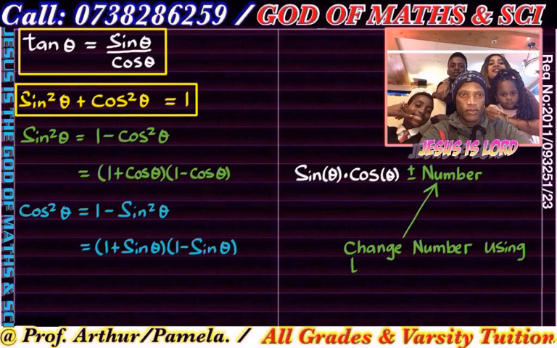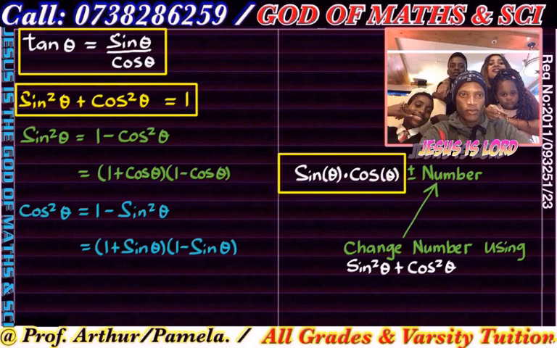Let me just say using the sine squared of theta plus cos squared of theta. And then this part here, it's going to behave like it's gonna be your middle term.